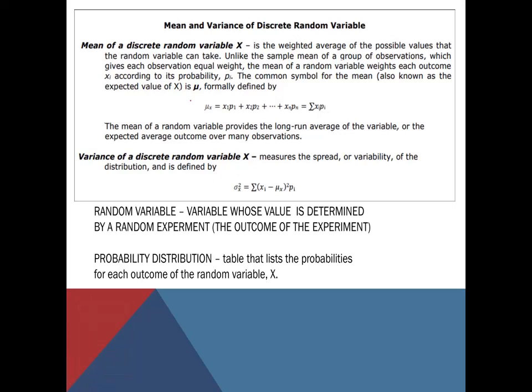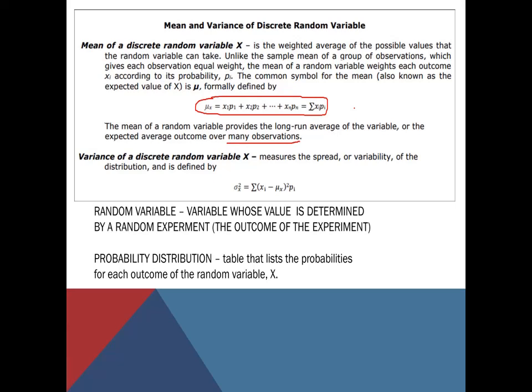Okay, we will understand this one more later as we are going to have our examples. So the mean of a random variable provides the long run average of the variable or the expected average outcome over many observations.